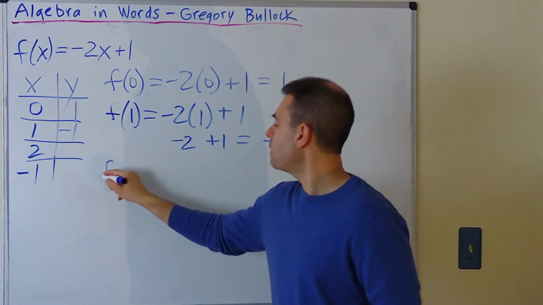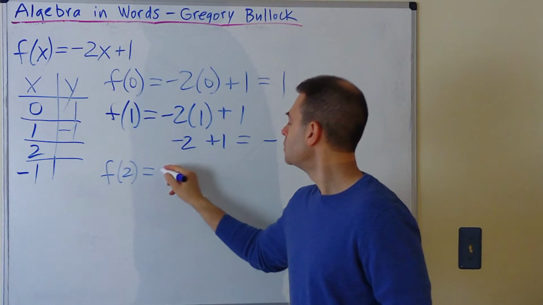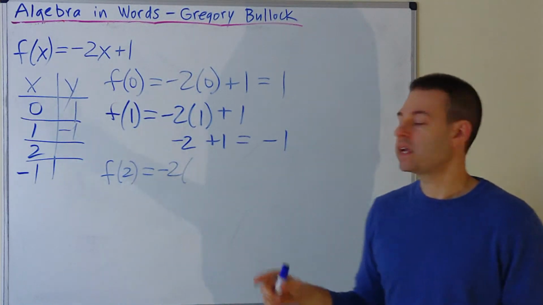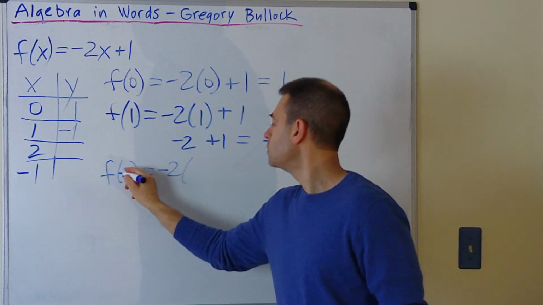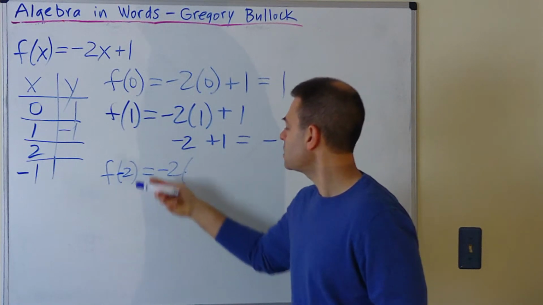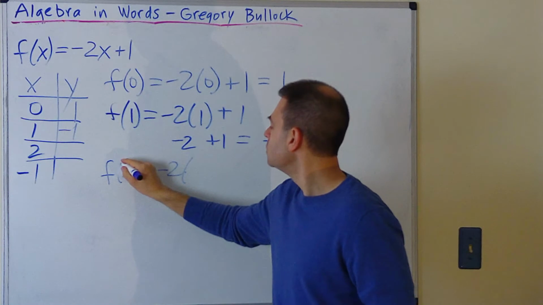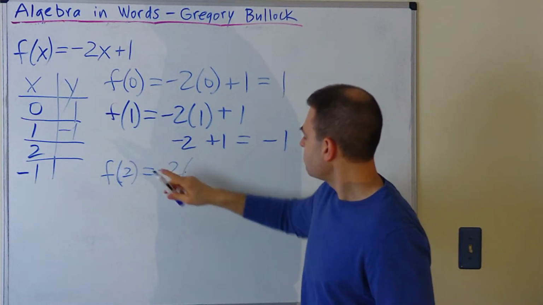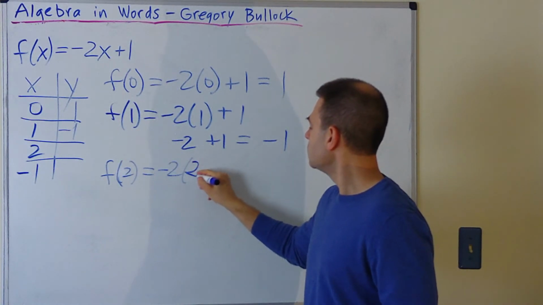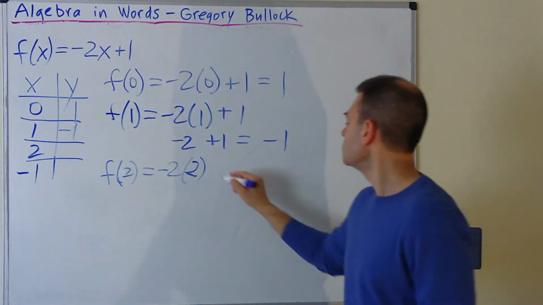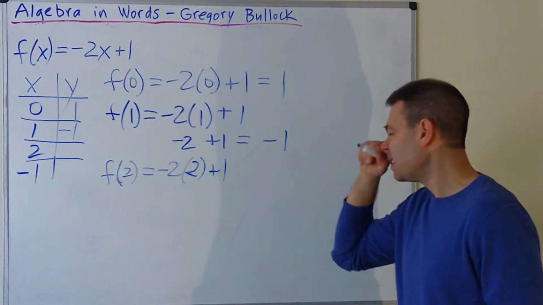Now let's do f of 2. Substitute negative 2. That's positive, sorry. Let's substitute 2 in for x in negative 2x plus 1.